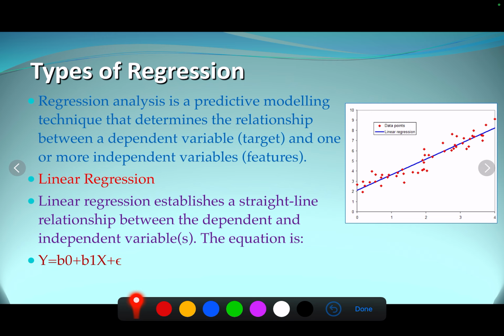For example, we can write the equation for linear regression as y = b0 + b1x + epsilon.